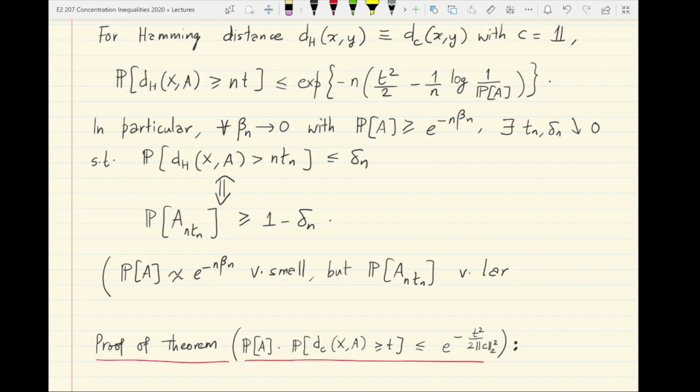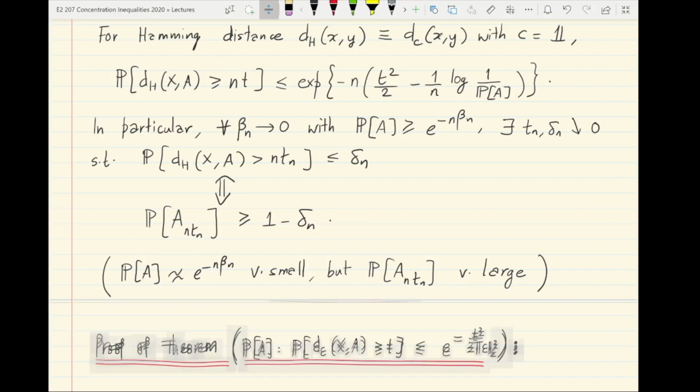It's very close to 1. So by blowing up A by expanding it to cover an extra distance of n times Tn, where Tn also goes to 0, which is vanishingly small compared to n, the maximum Hamming distance in the set, you can inflate the probability from almost 0 to almost 1.